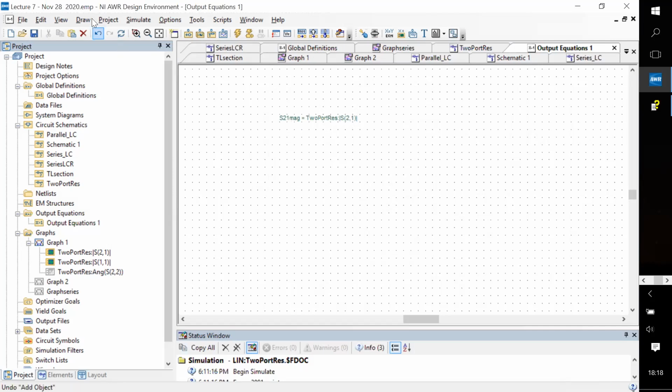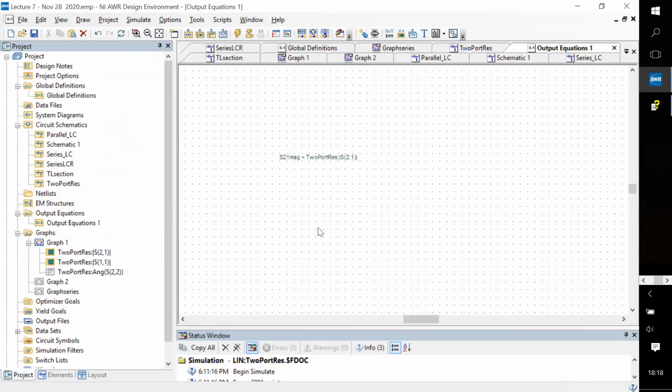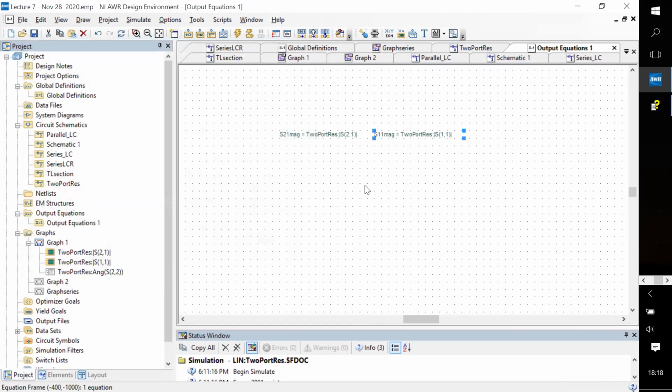Now we draw another one. Draw, add output equation, and we say S11 mag. You define S11 magnitude and we put that here. So now we have two variables, S21 mag and S11 mag, which contain the magnitude of the transmitted and reflected amplitudes. Now you can actually manipulate these variables as if they were just numbers, even though it's really an array of points.